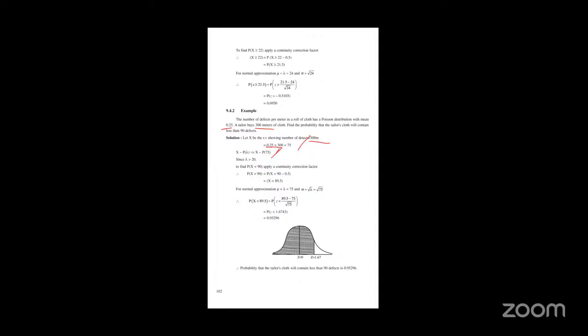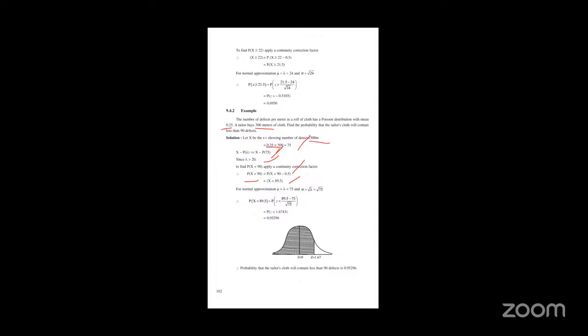So lambda is 75. Since lambda is greater than 20, we can apply the continuity correction factor. So 90 minus 0.5, we take it as 89.5.